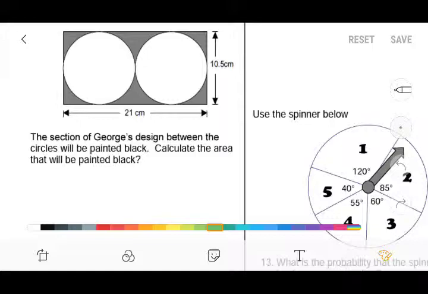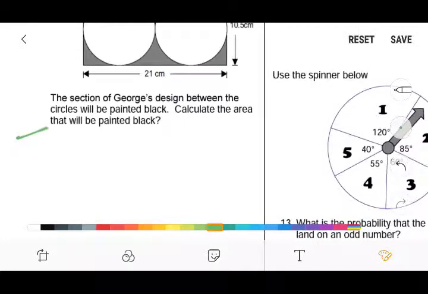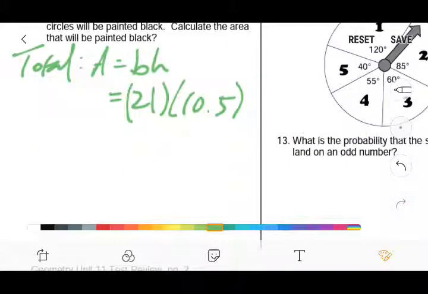Oh, I'm already on it. So total area. Area equals base times height. So that's 21 times 10.5. That's the total area. So the whole thing is 220.5.